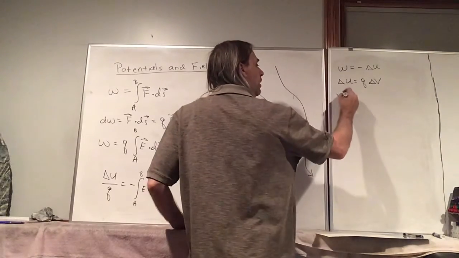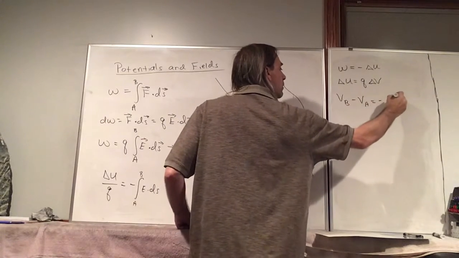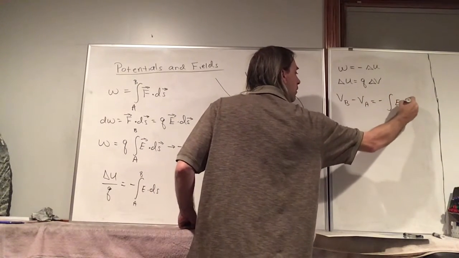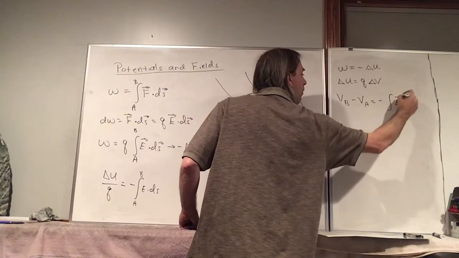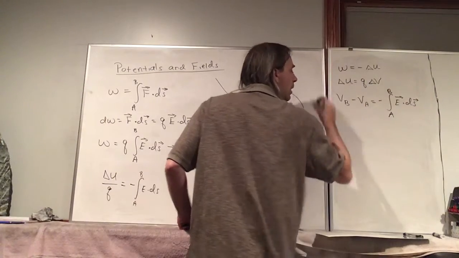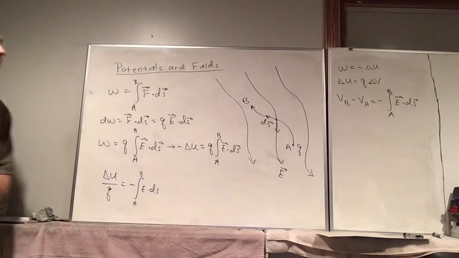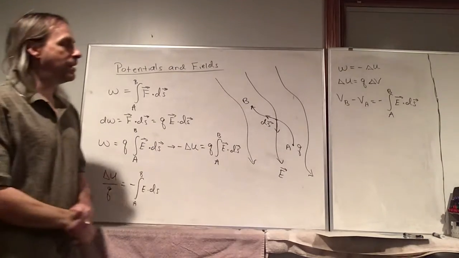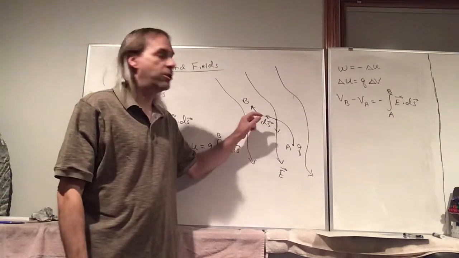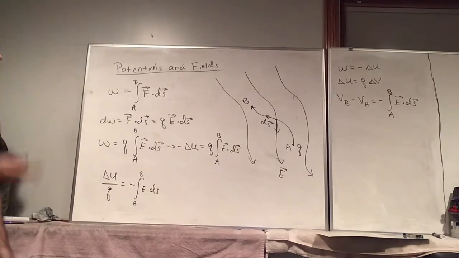So VB minus VA. So if we have the electric field, we can find the potential difference between any 2 points by integrating that electric field over any path connecting those 2 points.